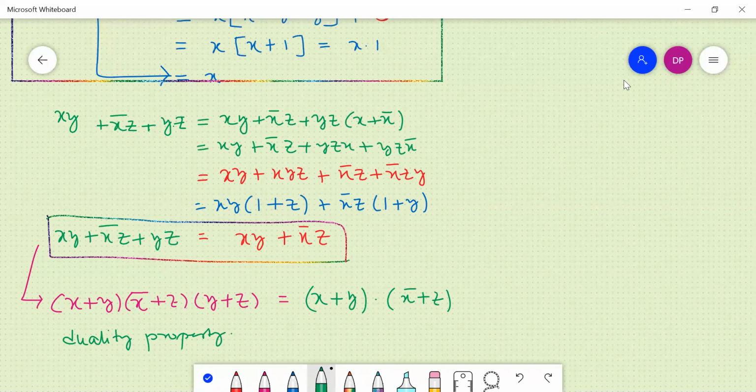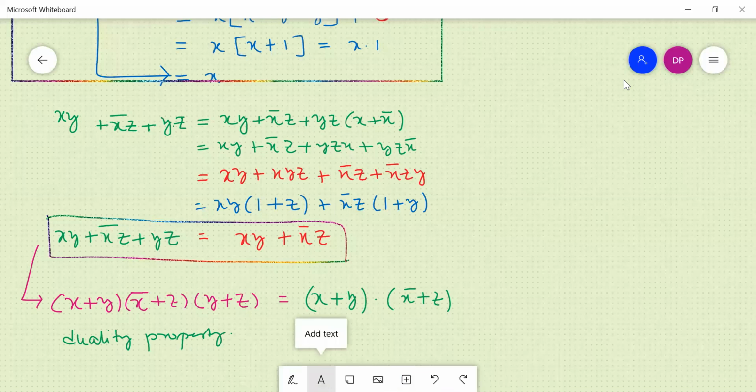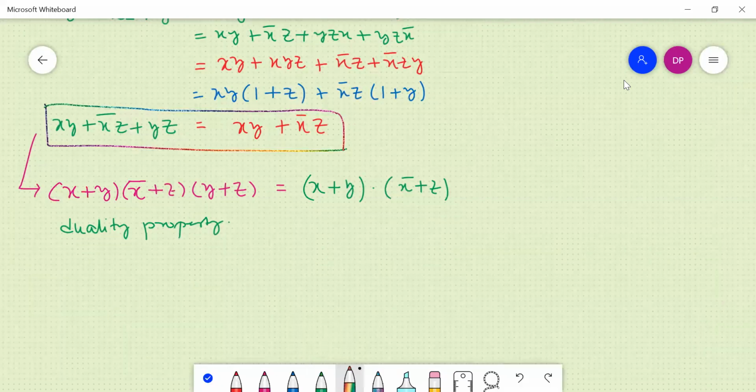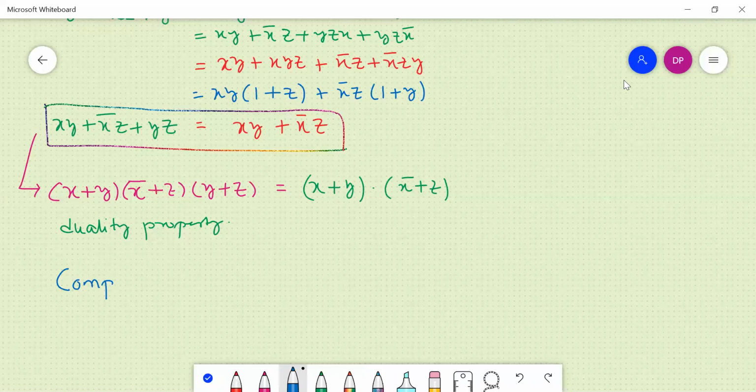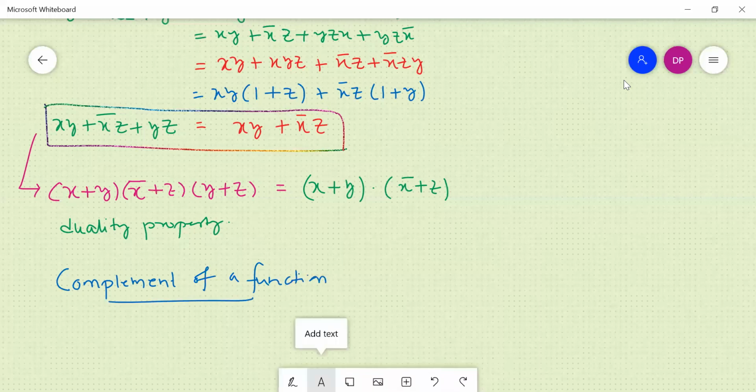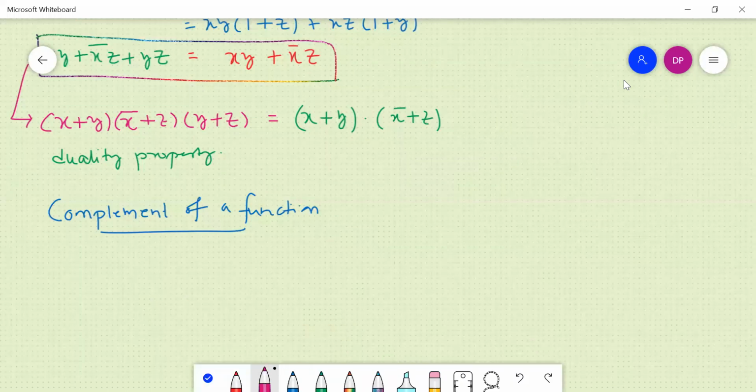Now let's find complement of a function. Let's say you have a or with b or with c.